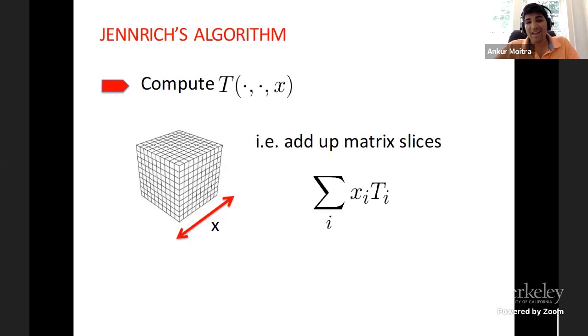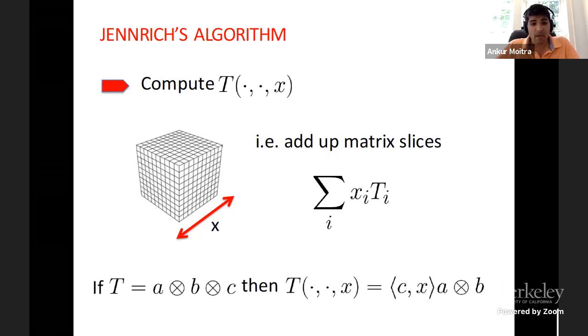When I do it in this way, when I hit the tensor T with this vector x, I end up with a matrix. So if the original tensor was n by n by n, x is an n-dimensional vector, and when I compute T(·, ·, x), I get an n by n matrix that's defined through this formula. That's the first step in Jennrich's algorithm.